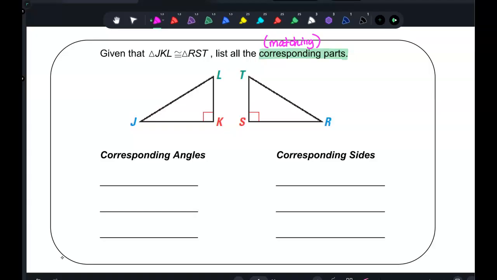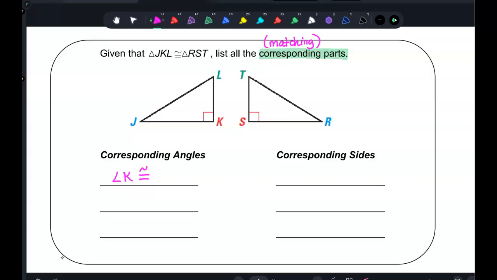So if I have triangle JKL is congruent to triangle RST, what would be a pair of corresponding angles? So for example, angle K would be congruent, okay, and congruent is the two double lines with the little squiggly. What angle is congruent to S?